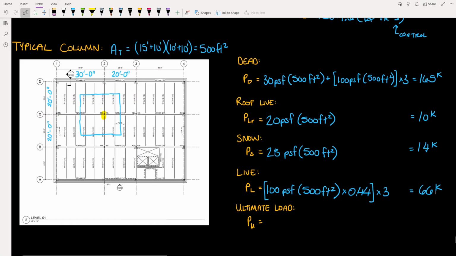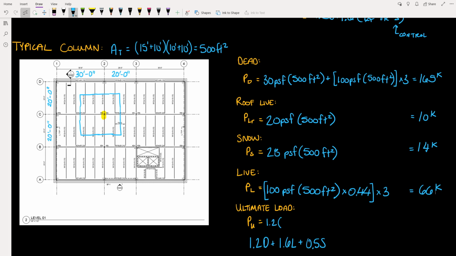Given that we have a floor live load of 66 versus a snow load of 14, our ultimate load is going to come from applying that 1.6 to the larger load here, the 66. And so our ultimate load combination is going to be 1.2 dead plus 1.6 floor live plus 0.5 snow.